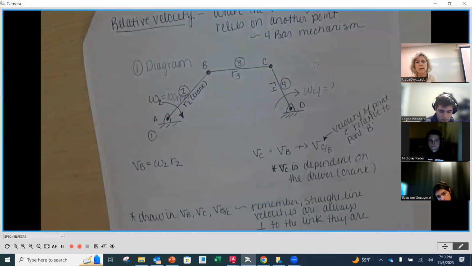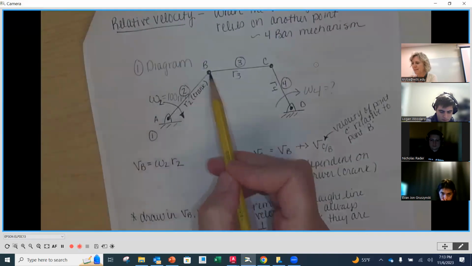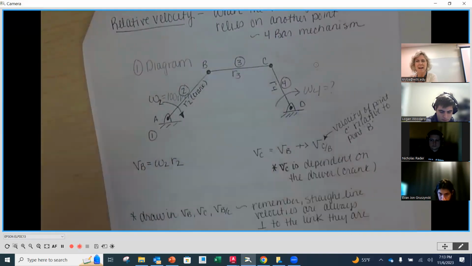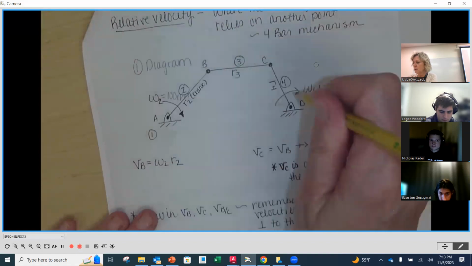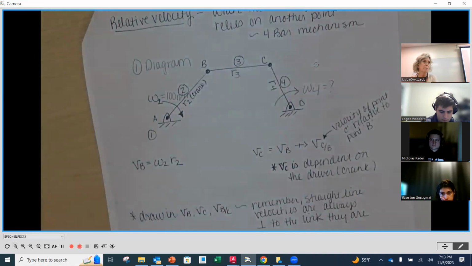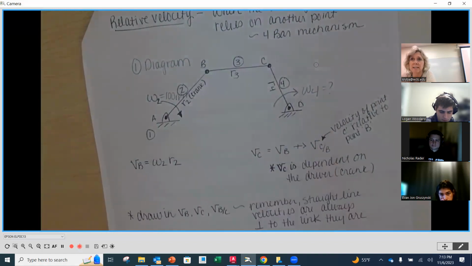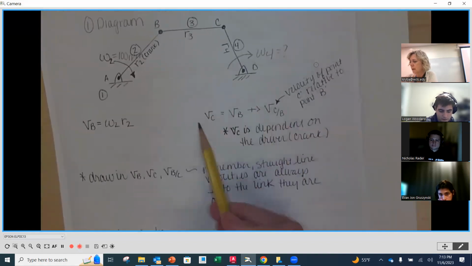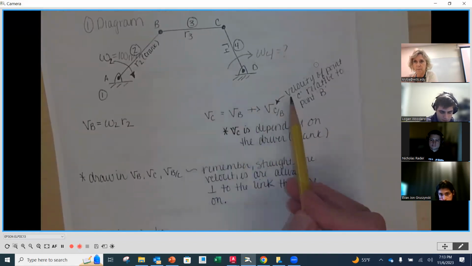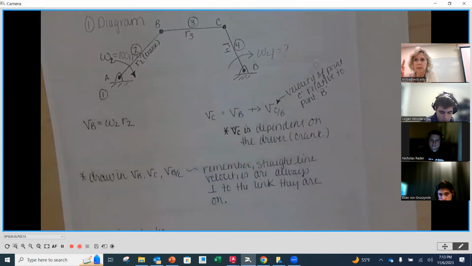But to determine how fast it's going, you see how it's connected through here? So we can't go from here to here and say, oh, it's 100 RPMs. It's not. So what we're going to have to do is use this relative velocity method. Now, the relative velocity method is going to be this equation down here. In its initial, very generic form, we're giving it letters.